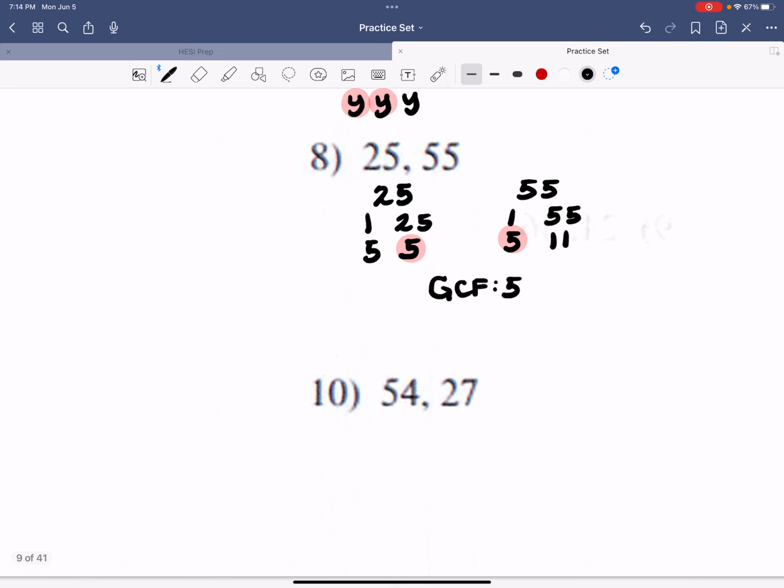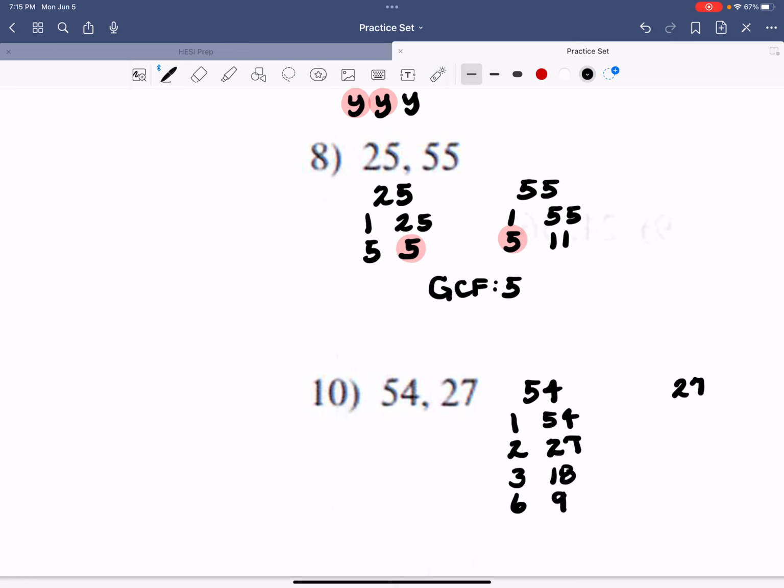Okay, last but not least, we have 54 and 27. So 1 times 54, 2 times 27, right? 54 divided by 2, yep. 54 divided by 3 is 18. 54 divided by 4 won't work. 54 divided by 5 won't. 6 times 9. 7, 8.